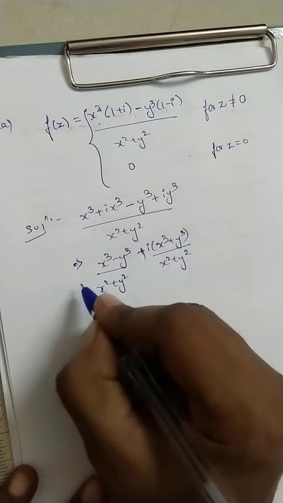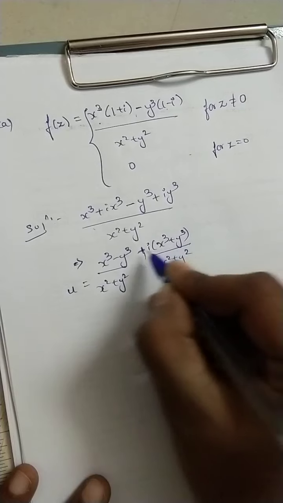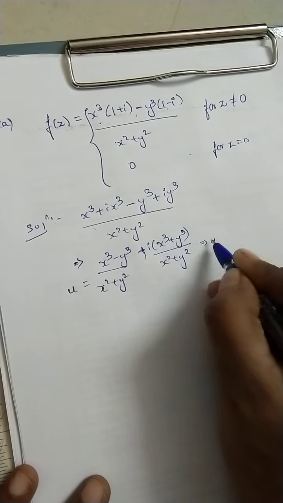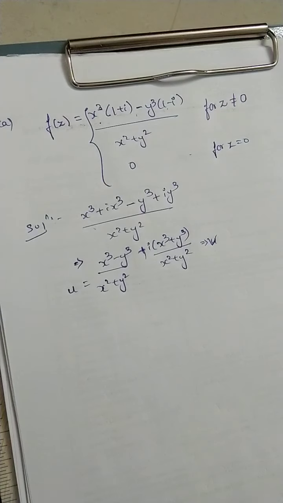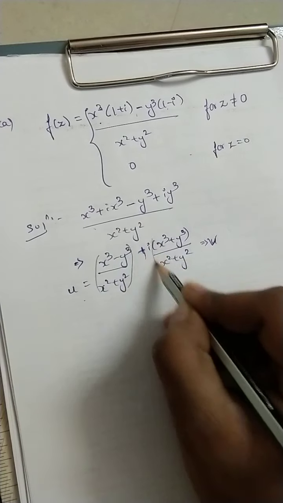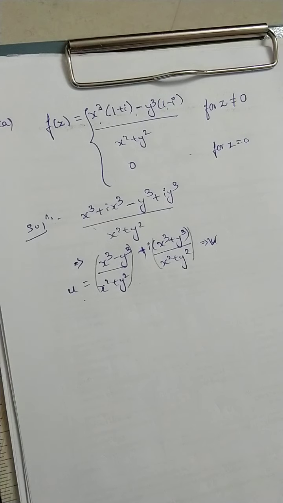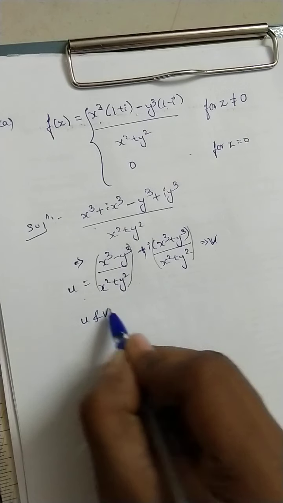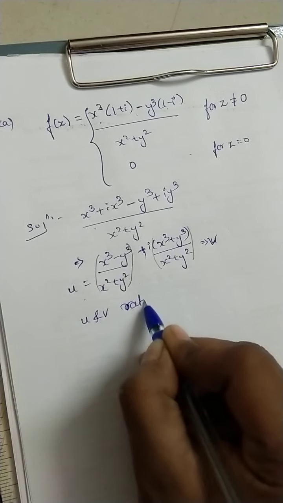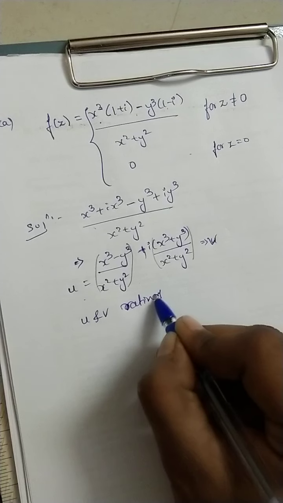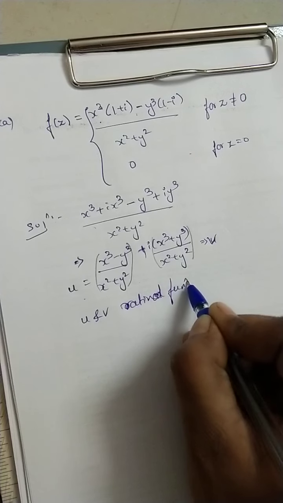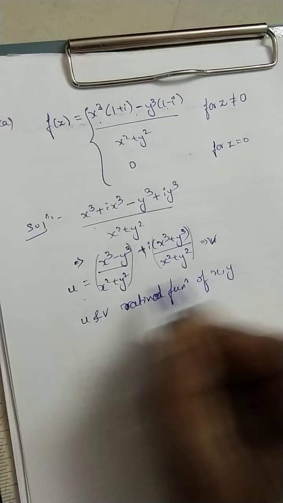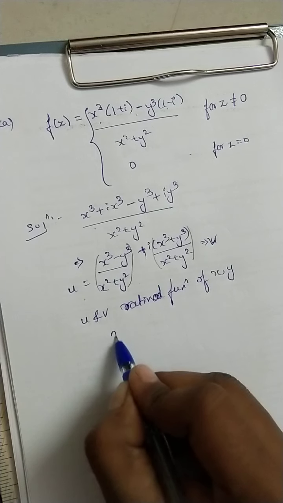Now this one is equal to u and this one will be our v, right? So this part is our u and this part is our v. Here u and v are both rational functions of x and y where the denominator is not 0.